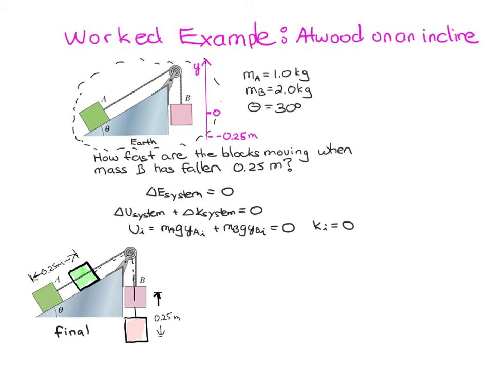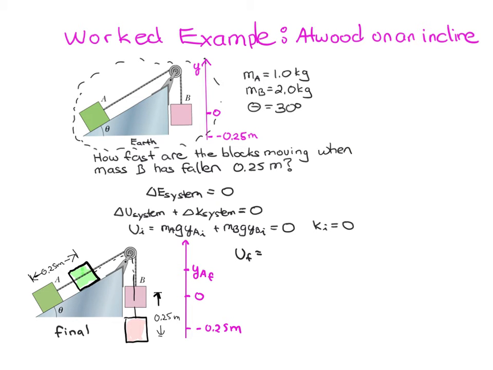Okay, now in what we're going to call the final state here, mass B has fallen by 0.25 meters, and of course mass A has moved up the slope by a distance of 0.25 meters, and now there's some kinetic energy in this state. So let's write down what the total energy in the final state is going to be. Let's start with the potential energy in the final state. The potential energy in the final state is going to have two contributions.